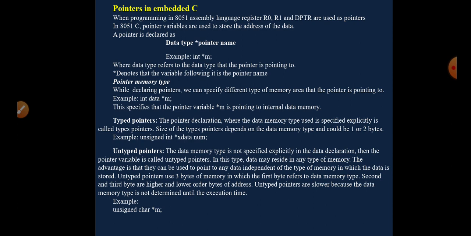So if you compare typed and untyped pointers, in the case of typed pointers the data memory type is specified in the statement, whereas in the case of untyped pointers the data memory type is not specified in the statement.